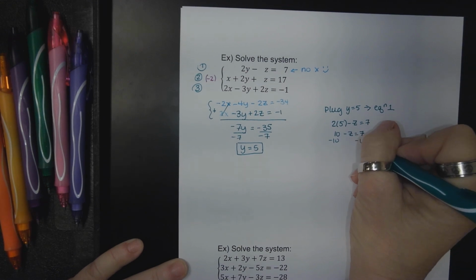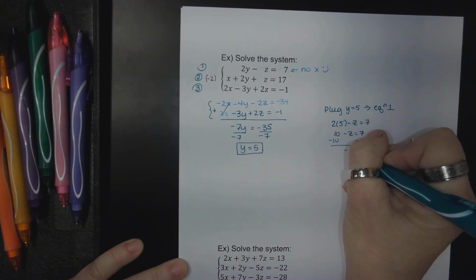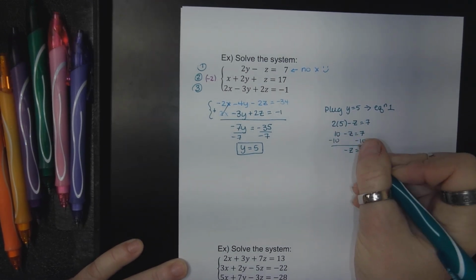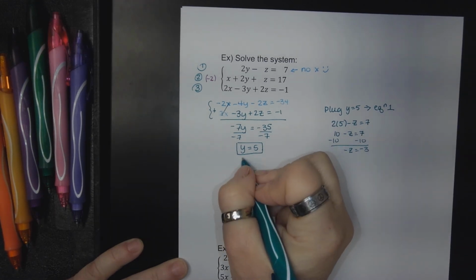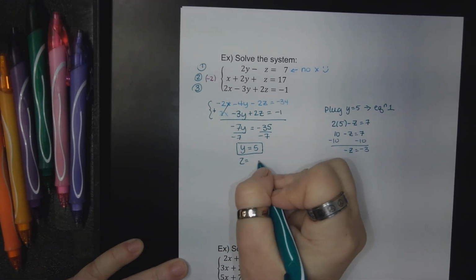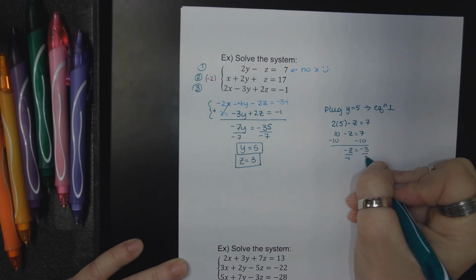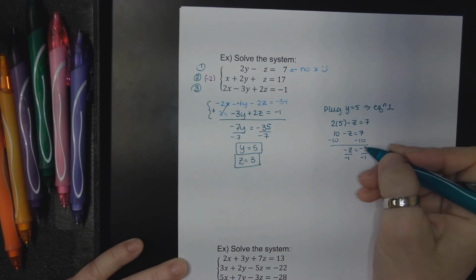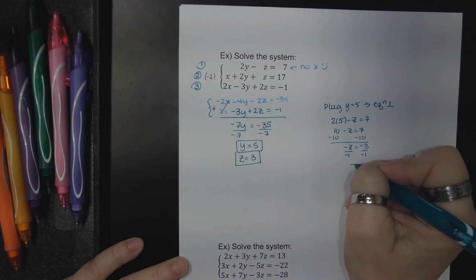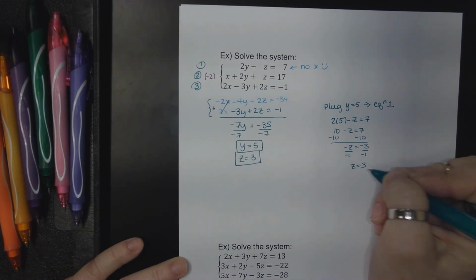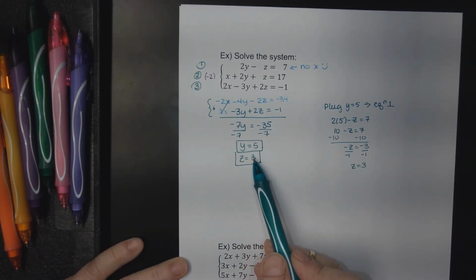Subtract 10 from both sides. So -z equals -3. We know we don't want a -z, so our z is going to equal 3. Here you could divide or multiply by -1, and that's going to give you z equals 3. Okay?